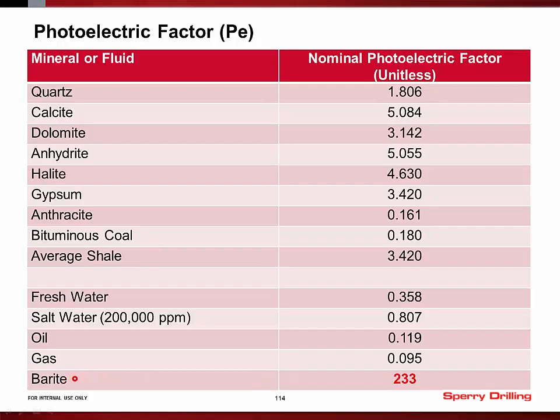What that means is that in a mud system or drilling fluid which has a lot of barite in it, that can seriously distort the PE measurement from the tool. So you have to be careful about that. And in practice, heavier mud, which is weighted with barite, means that we probably don't have a usable PE value from the tool. It really only works best in lighter mud weights.